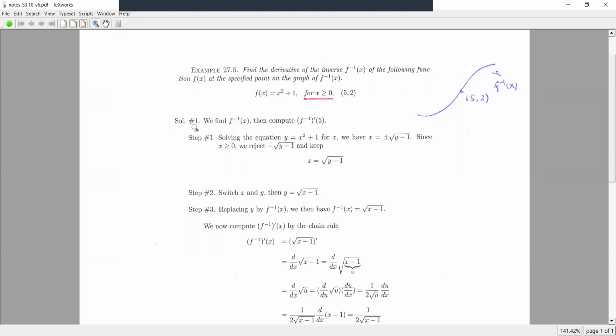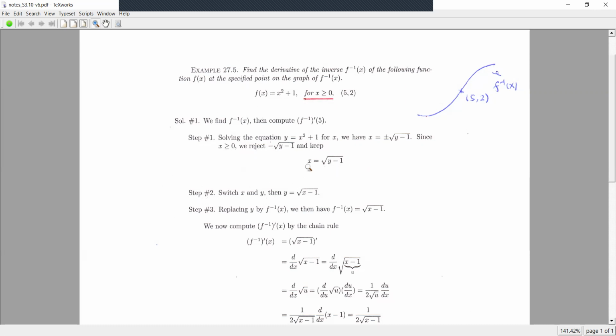Now, solution 1. To find the inverse function, step 1, solve this equation for x. Move 1 to the left side, then take the square root. Then we have x is positive or negative square root of y minus 1. Because x is non-negative, we reject the solution negative square root of y minus 1, and only keep this solution.